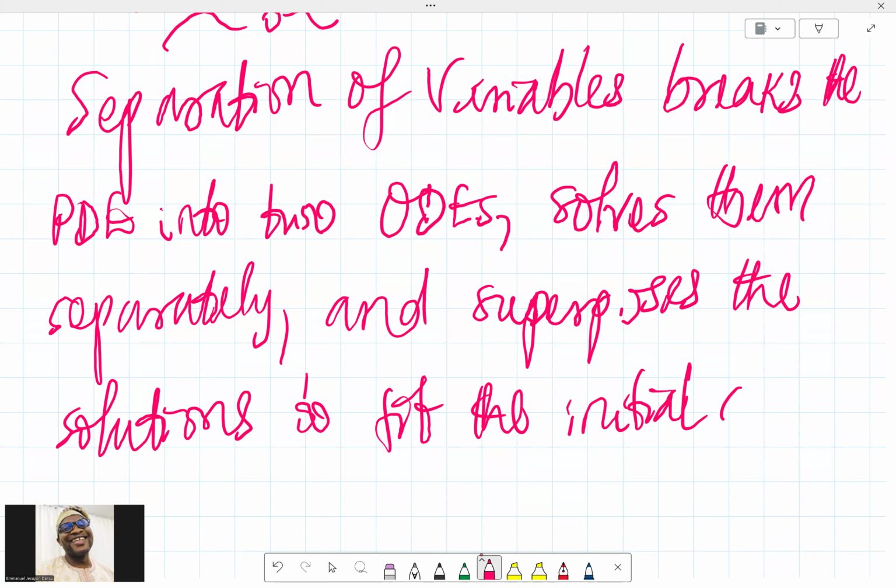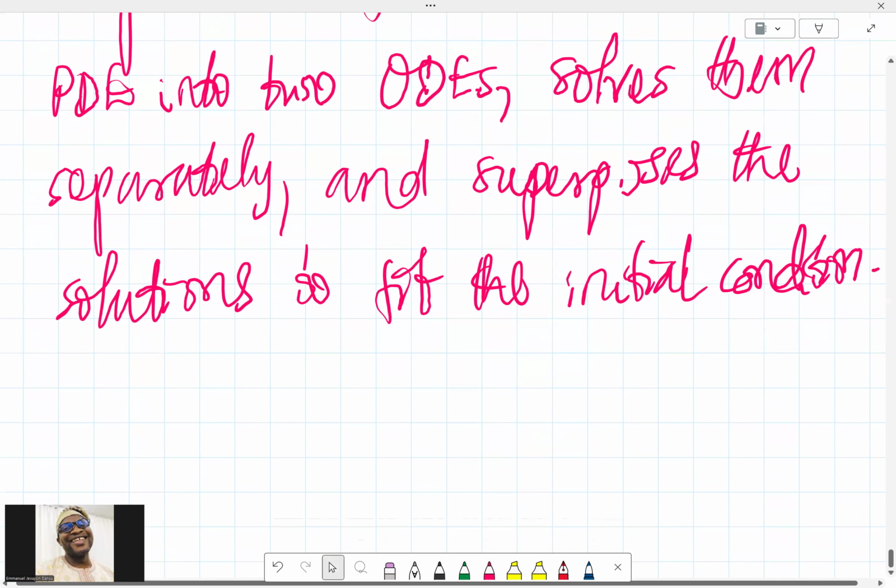Just like what we saw in the example above.